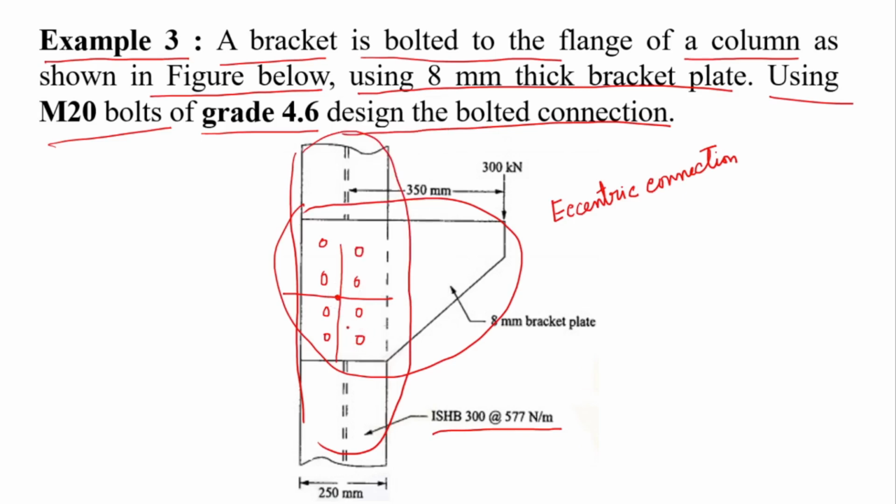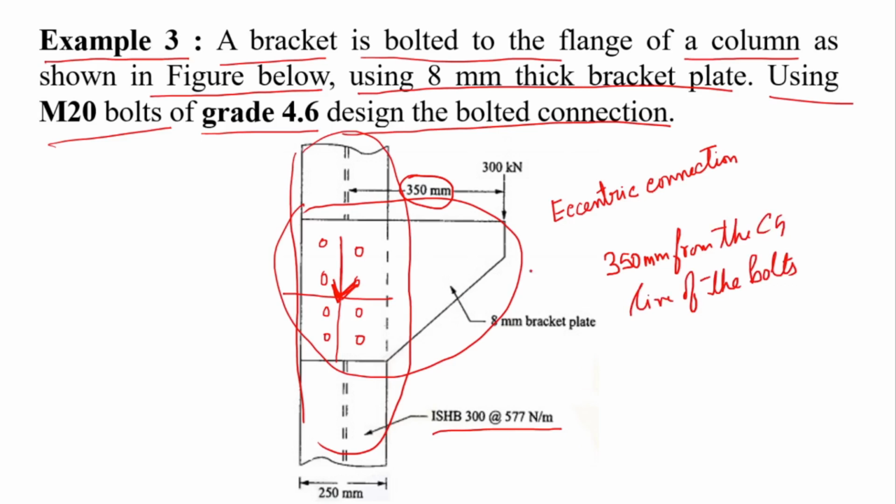Now the force acting on this connection is not passing through the CG. It is passing at some distance, which is 350 mm from the CG line of the bolts.